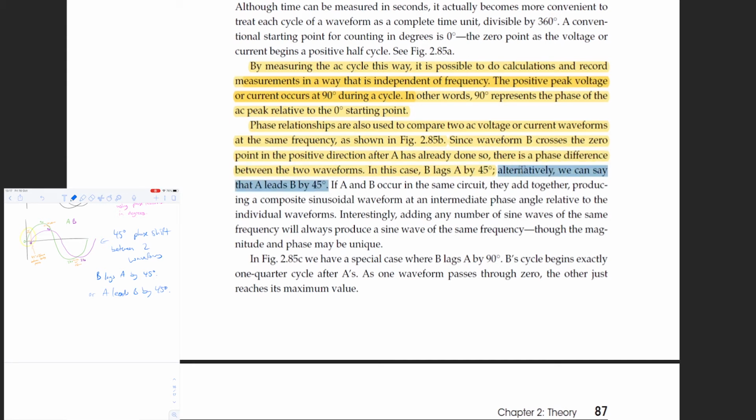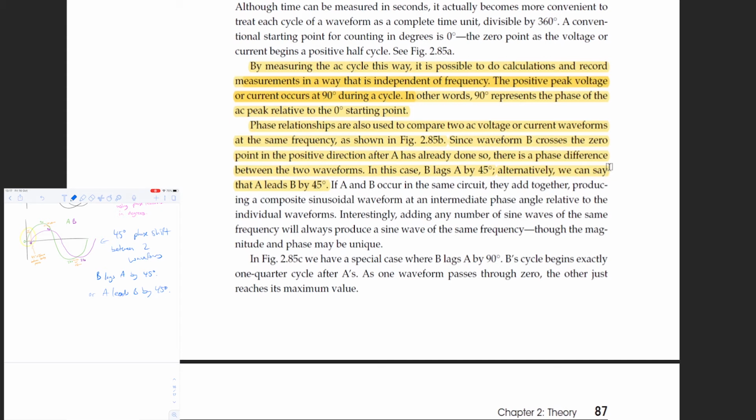Okay. If A and B occur in the same circuit, of course, you can have different sources in one circuit. They add together, producing a composite sinusoidal waveform at an intermediate phase angle. You what?